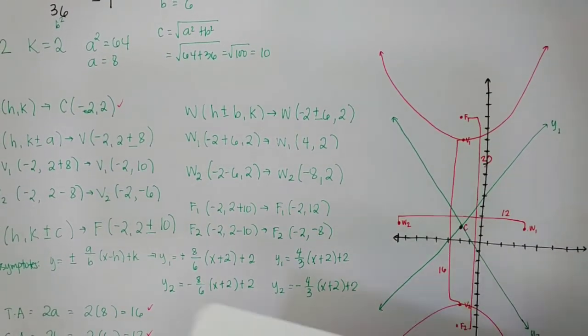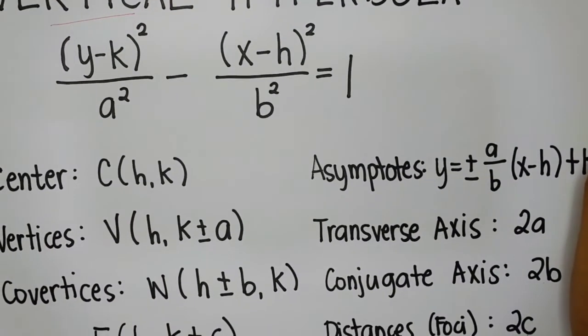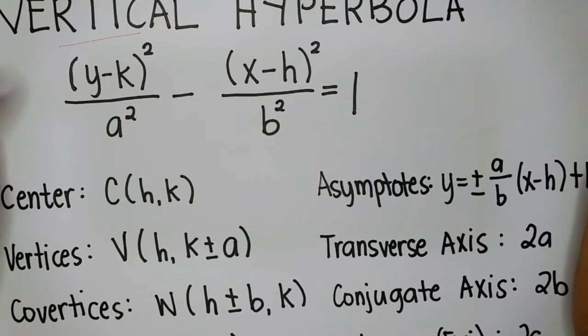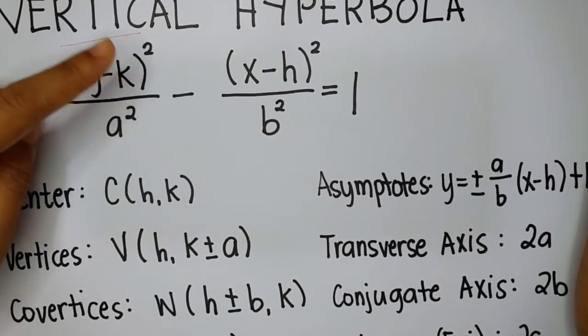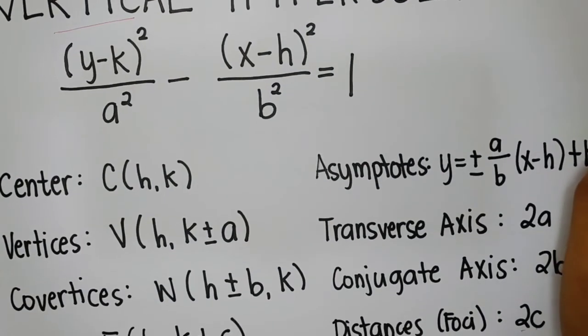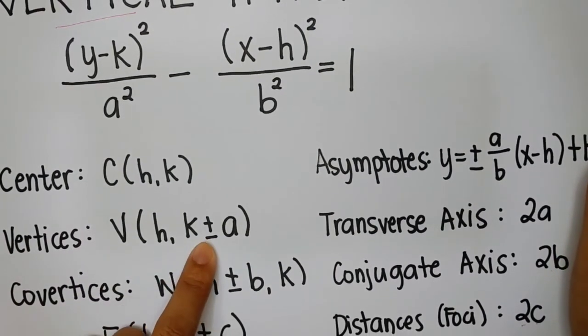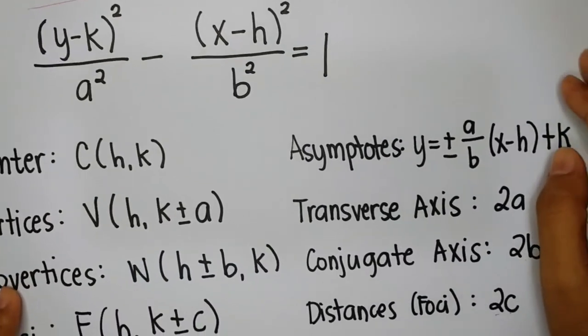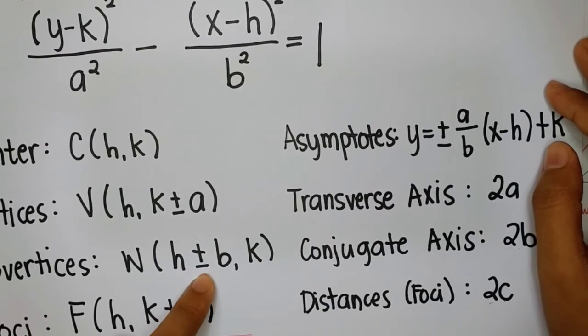We only have 2 examples. I already prepared 2 examples. So, again, let's recap. So, yung center, if given ang vertical hyperbola, ang standard form niya is nauna yung y. So, yung center is (h, k). Yung vertices natin we have V is (h, k plus minus a). Then, yung co-vertices we have W, that is (h plus minus b, k).